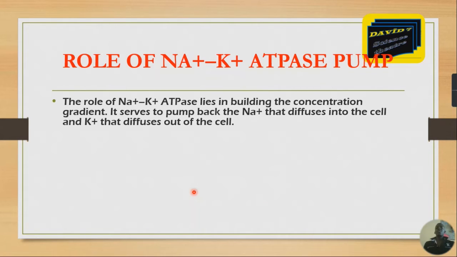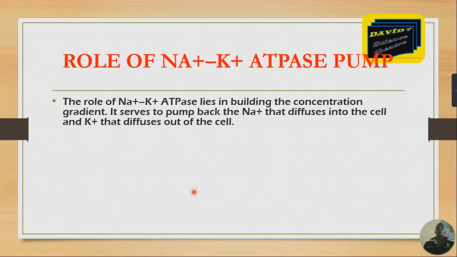Right from cell cytology, we saw that we have a lot of potassium inside the cell relative to the outside. We have a lot of sodium outside the cell relative to the inside. At rest, it is inevitable to have sodium diffusing into the cell, and likewise potassium diffusing out of the cell.